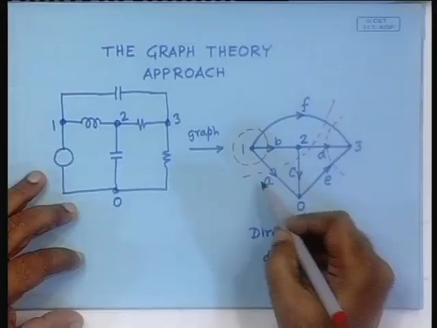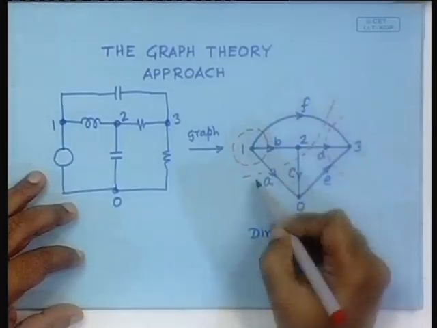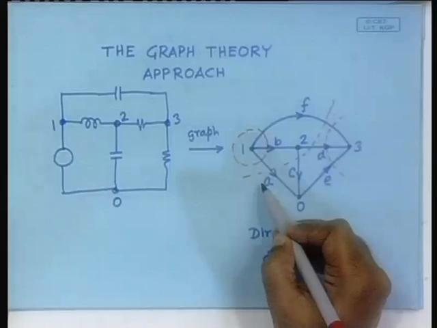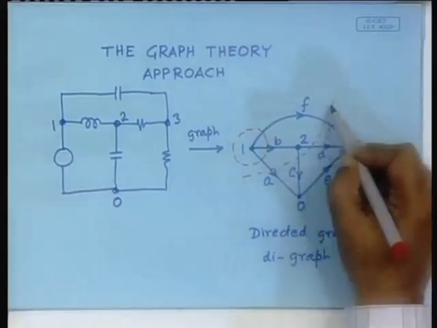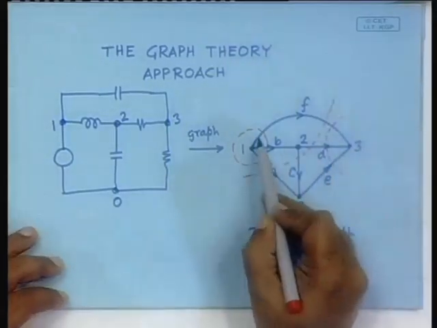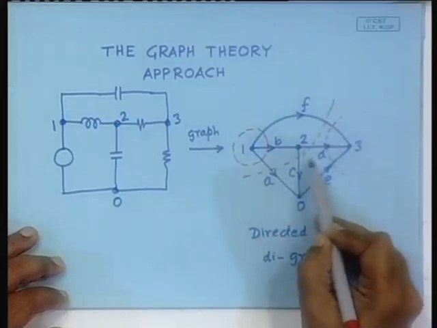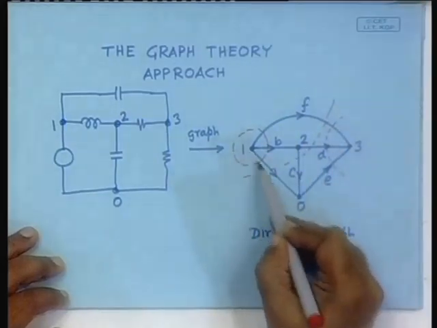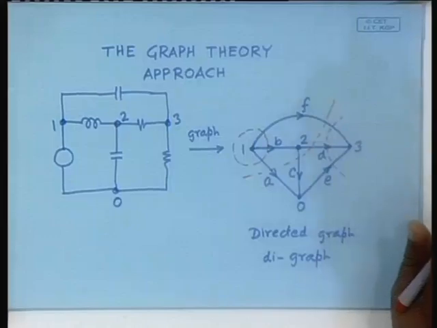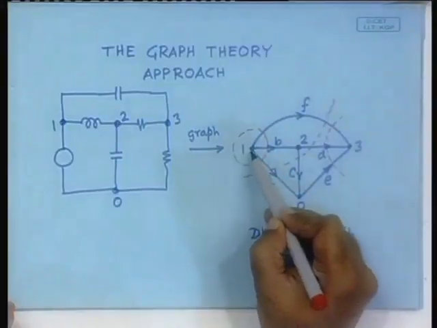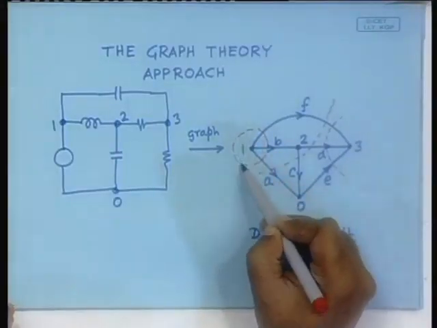For example, here this particular cut, it is not really related to any particular node, yet we can say that IF plus ID plus IC plus IA is equal to 0, right. But this one is related to one particular node because it is isolating only one node.